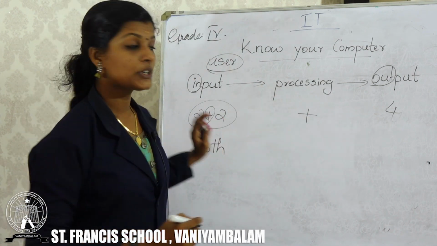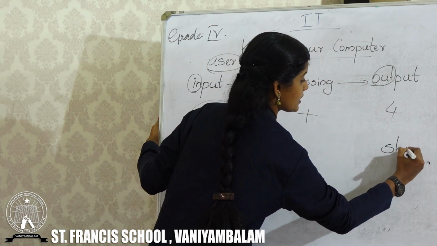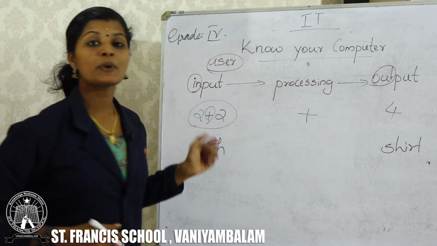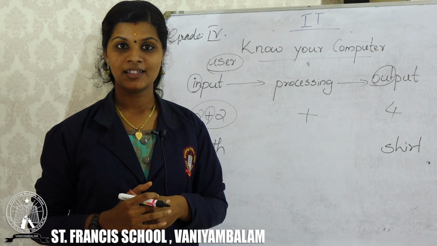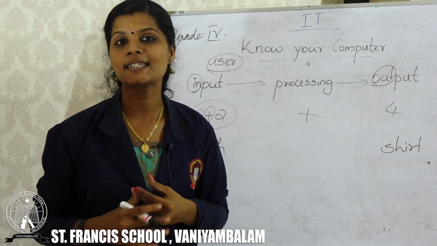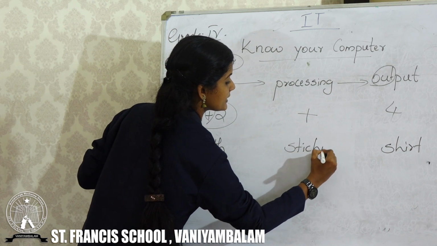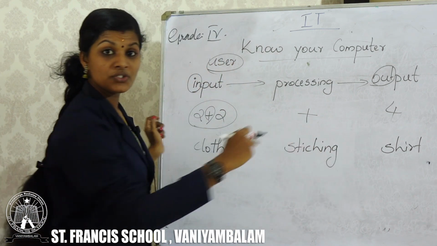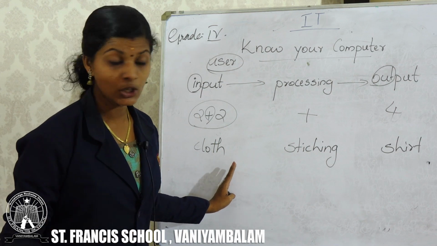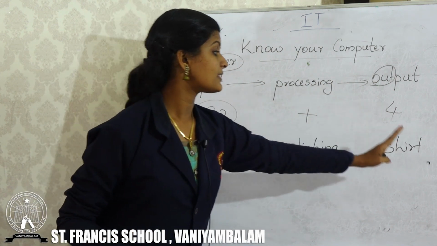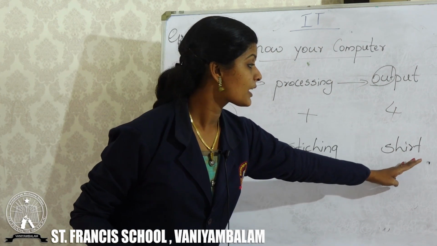Then what is the output here? Shirt. And what is the processing done? The tailor will stitch the cloth. Stitching is the processing done here. I have given you a cloth, you have stitched it, and the result or the output is a shirt.